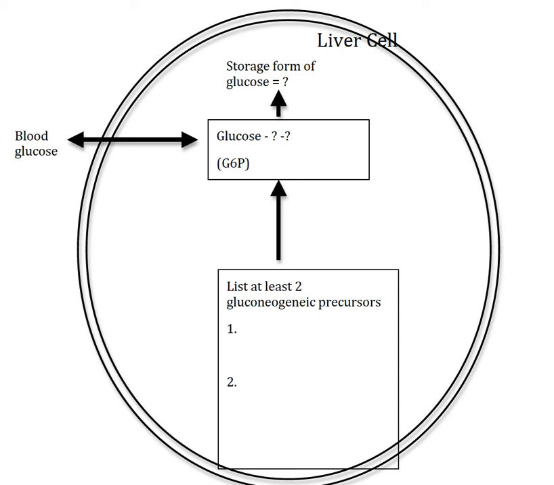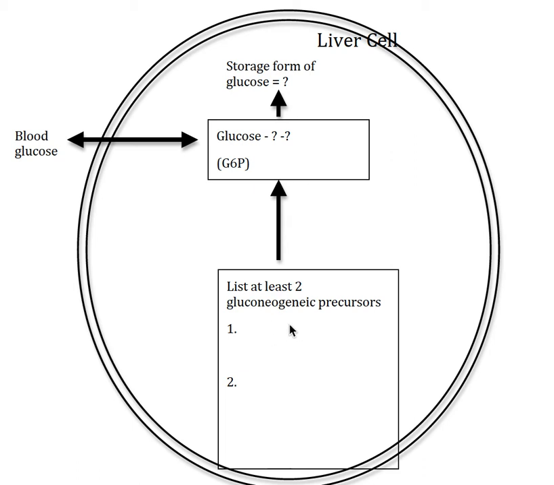This worksheet represents gluconeogenesis, and gluconeogenesis is the formation of new glucose from other molecules, typically structural proteins, as an example. And the bottom part of this circle represents a liver cell.